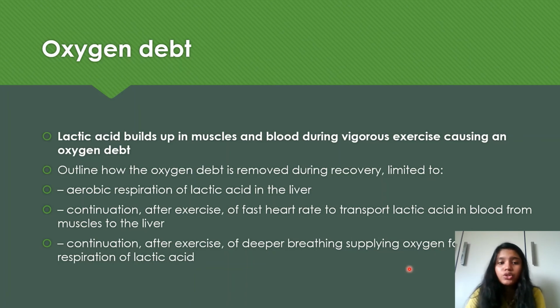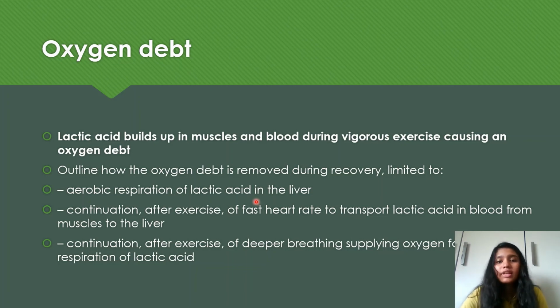Now, due to homeostasis, your body has to adjust, has to regulate to bring its pH back to set limits. So what happens is your brain detects lactic acid, okay, lower pH, okay. So what happens is your heart beats faster, okay, and your breathing gets deeper to increase the volume of oxygen taken in as well.